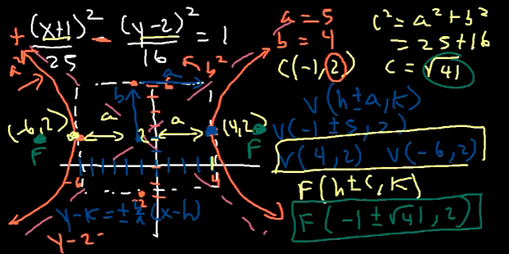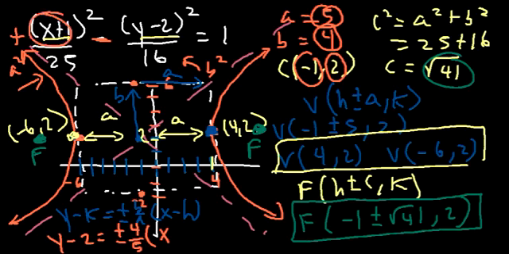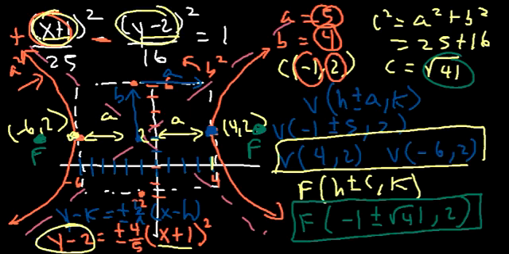So it's y minus 2 is equal to plus or minus b over a. This is b, that's a. So 4 over 5, times x minus h. So h is -1, so you basically get x plus 1. So notice that what you see here is what's here, and what you see there is the same as that. But this is the equation of the asymptotes.